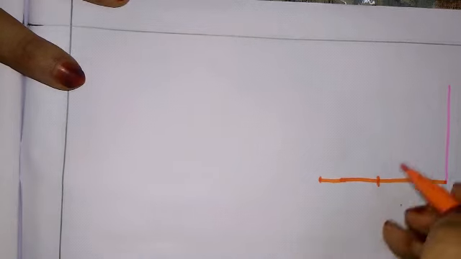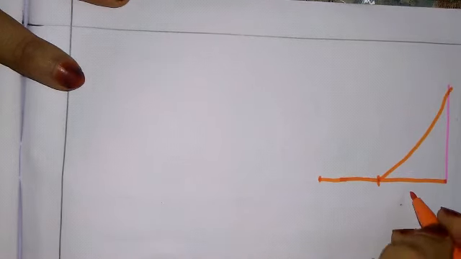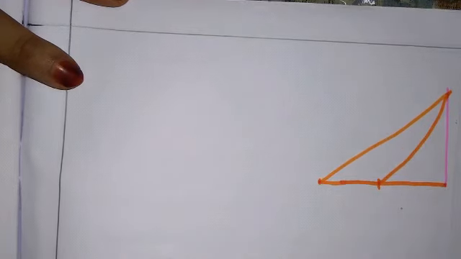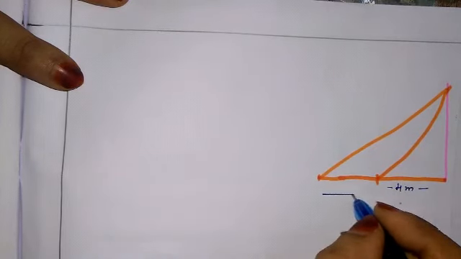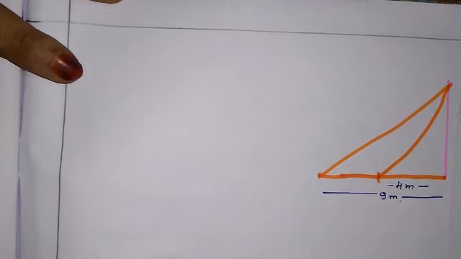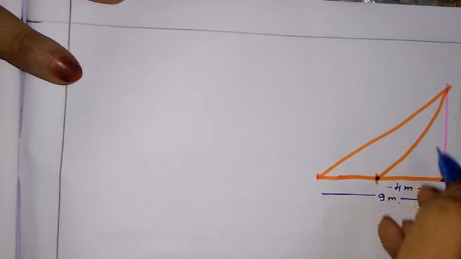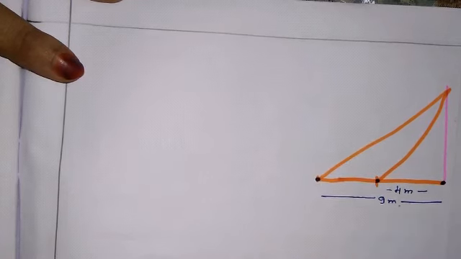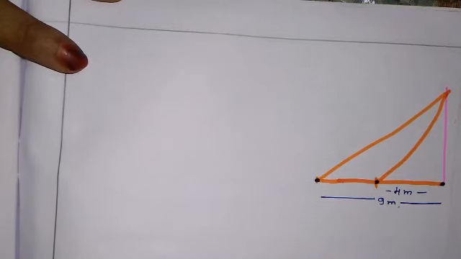Okay, there are two angles of elevation. One is 4 meter and the other is 9 meter. So let me write the distance. This is 4 meter away and this one is 9 meter away. Angle of elevation, one is from 4 meter, and from the other, 9 meter. And they have told the angles are complementary.